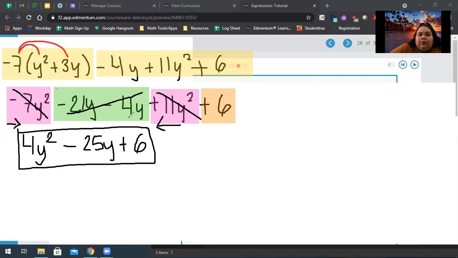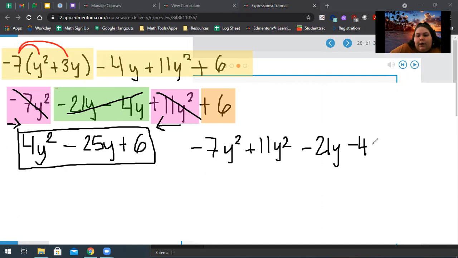I think highlighting or using the color pencil works, but in between this step from where we colored and where I boxed our final answer, they would rewrite this: negative 7y squared plus 11y squared minus 21y minus 4y plus 6.